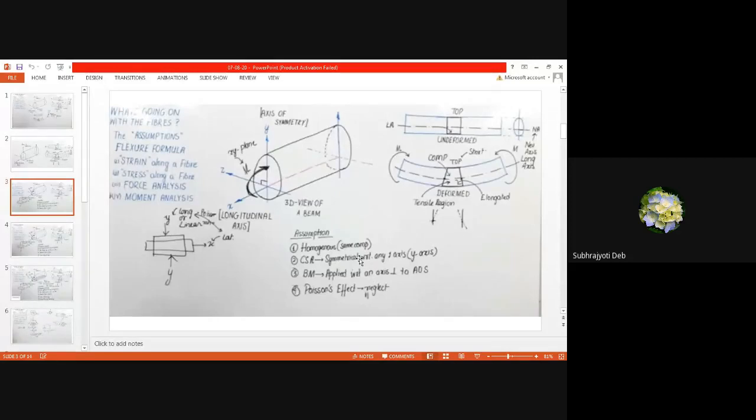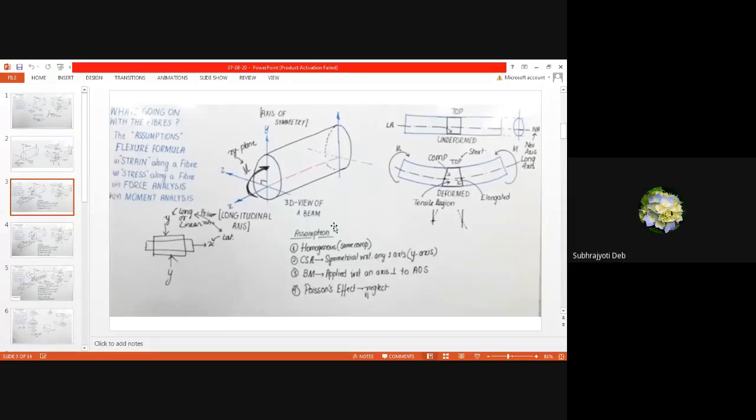That is number two. And number three is bending moment. The number two is what? Number two, repeat please. This cross-sectional area is symmetrical with respect to one axis. What is symmetrical?